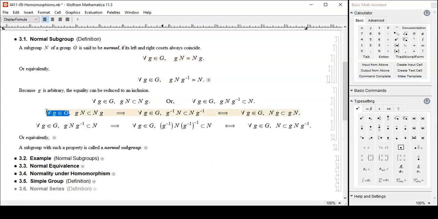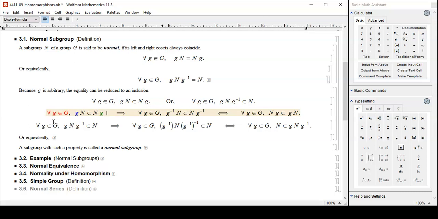So for arbitrary g in capital G, the left coset gN is a subset of the right coset Ng. Then what we want is, eventually we want to have equality, so we want to prove that the other inclusion also holds. Let's see. In this statement, the key is the red part.